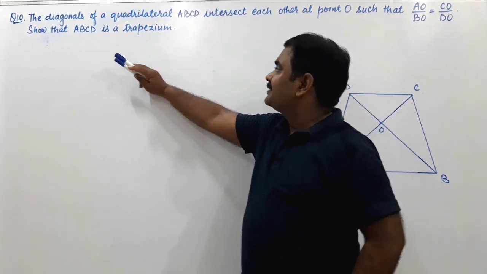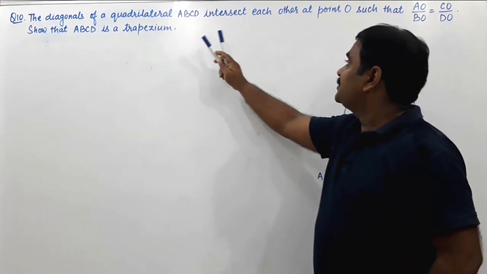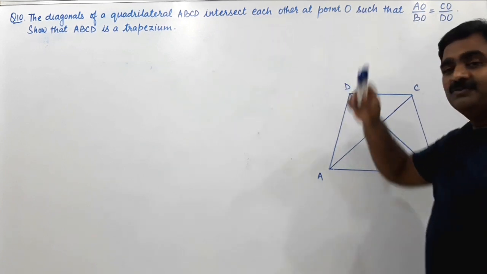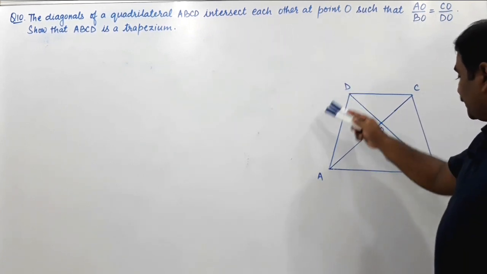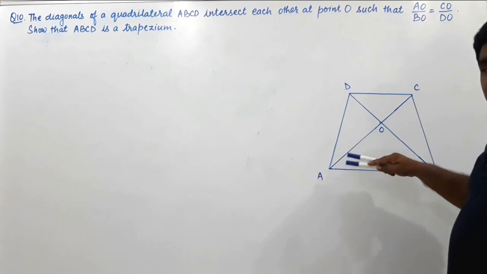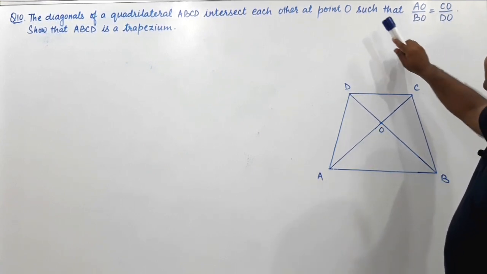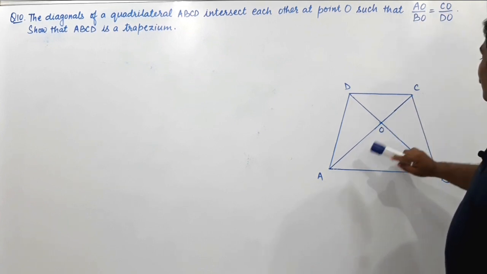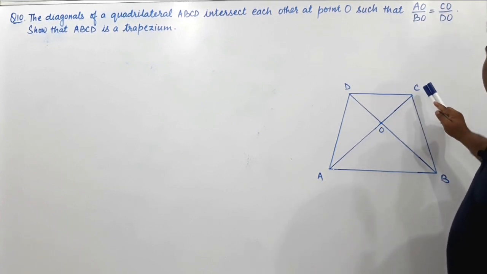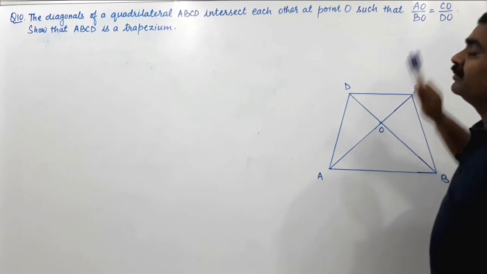The question number 10 is given, the diagonal of a quadrilateral ABCD intersect each other at point O. This is a quadrilateral ABCD, इसके diagonals O पर intersect करते हैं at point O. Okay, such that this is also given, AO upon BO is equals to CO upon DO.